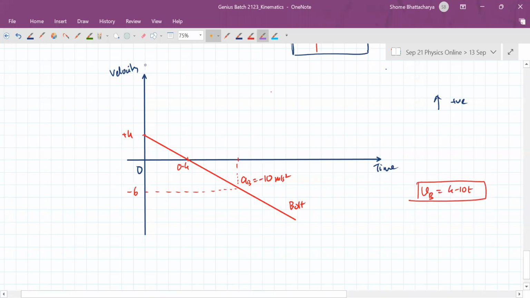But in the same graph, if we superimpose the velocity of the elevator as a function of time, we will see it's like this. The elevator has an acceleration of plus 2.